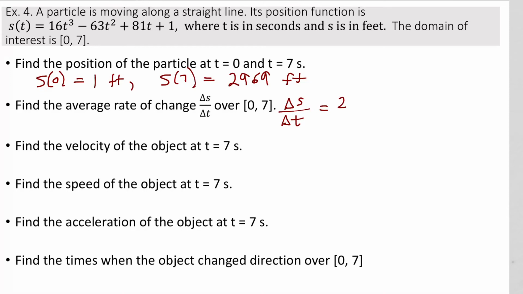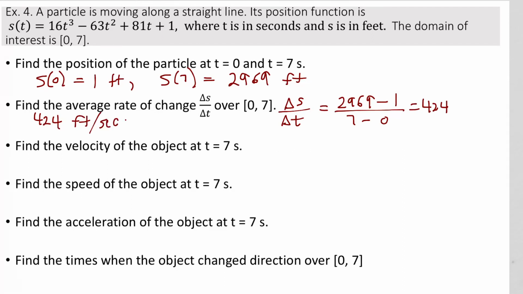So that would be 2969 minus 1, those are your 2 s values, divided by 7 minus 0. That's 2968 divided by 7, which comes out to be 424. So 424 feet per second.